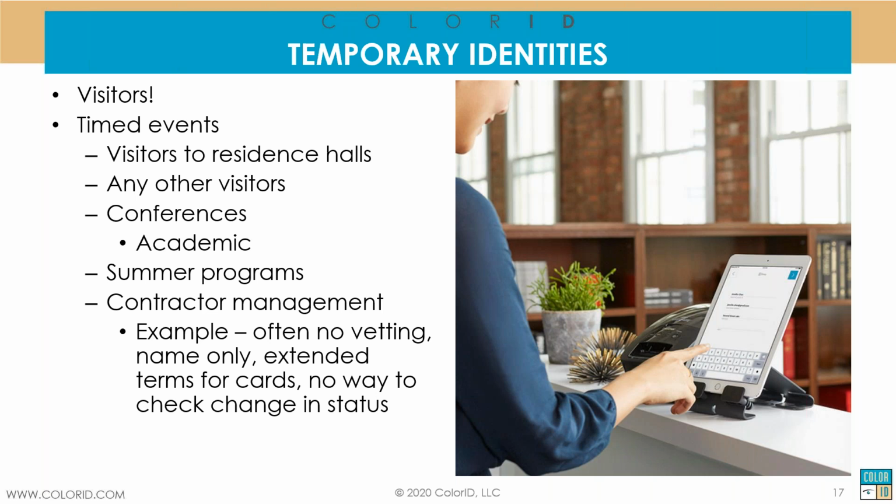Right now, most schools have some kind of policies around visitors to res halls. How do you have a uniform way of monitoring that, of issuing credentials? How are you handling those? Any other visitors? Conferences, academic conferences, do you have credentials for those?